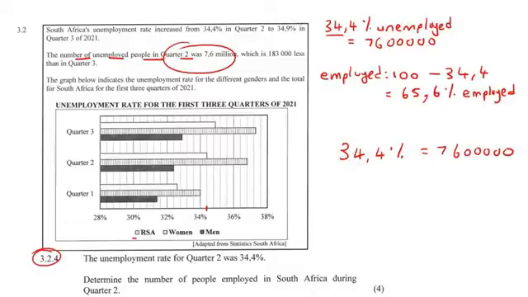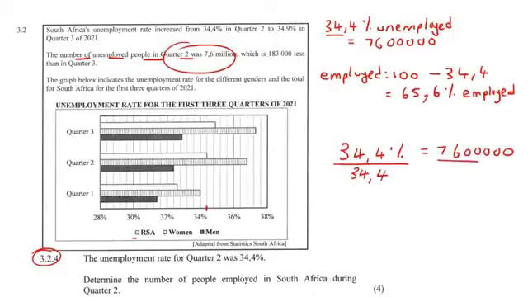Well, what if I gave you the number 20? Then what could I divide this by so that the answer would be equal to 1? You can divide it by itself, right? Because 20 divided by 20 is 1, or 5 divided by 5 is 1, or 2 divided by 2 is 1. So if I want to change this 34.4 to 1%, then I can just divide this by 34.4.